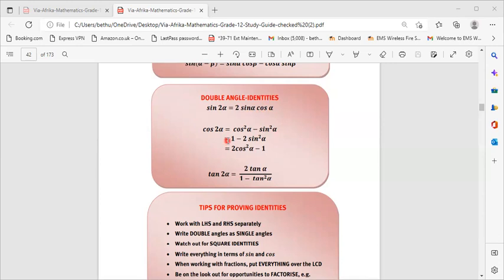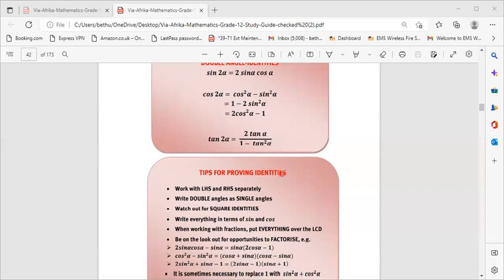Cos 2 alpha can also be expressed as 1 minus 2 sine squared alpha, or 2 cos squared alpha minus 1. If you're given tan 2 alpha, you can express it as 2 tan alpha divided by 1 minus tan squared alpha.